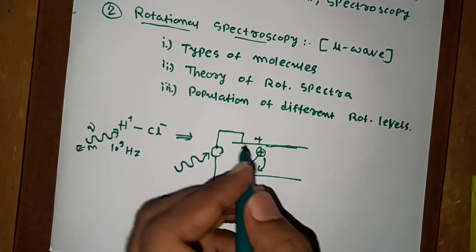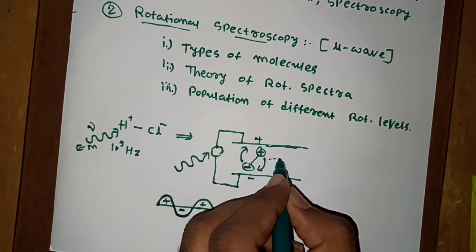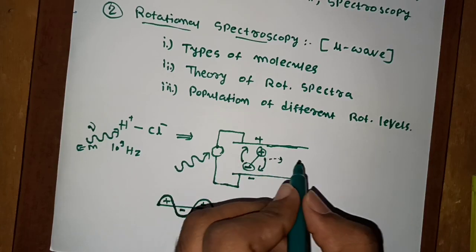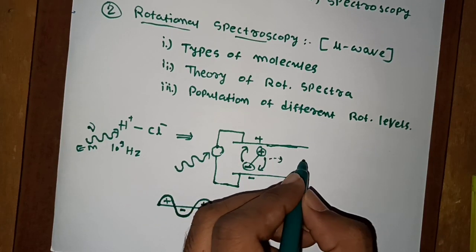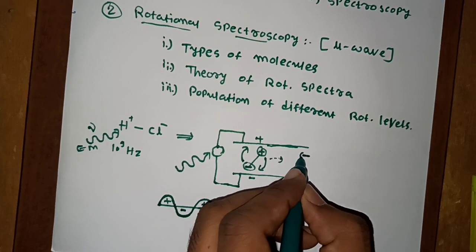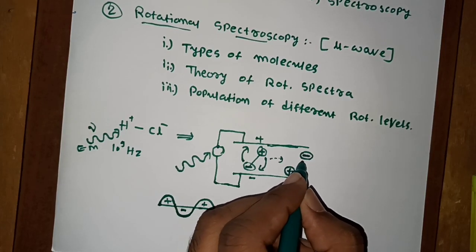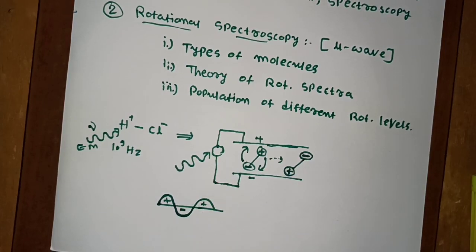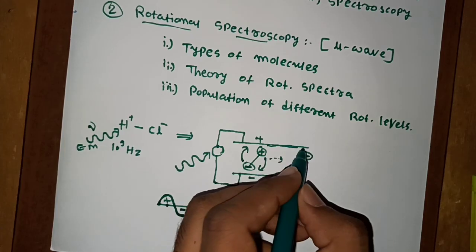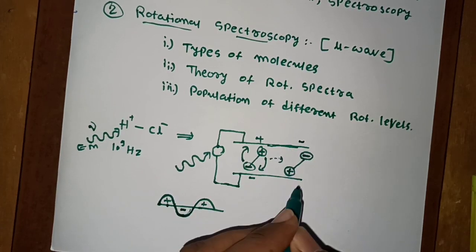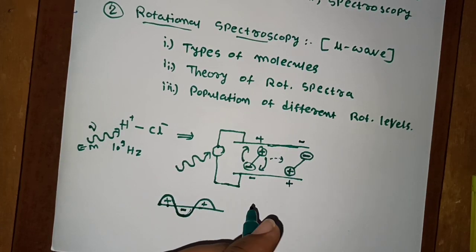Now the situation of the molecule is this: the minus part is going upward and the positive part is going downward. Now look at the EM wave after the positive cycle. Now the negative cycle is applied, so the negative is going here and the positive is going here.